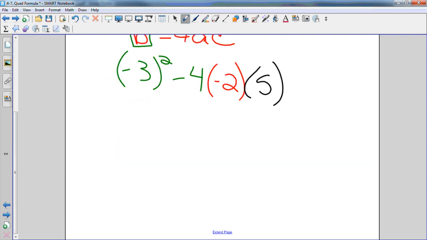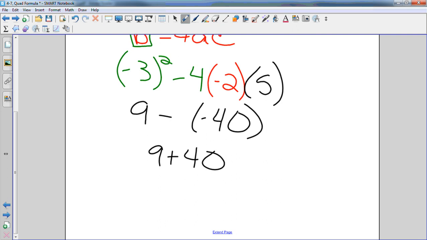So I have 9 minus negative 8 times 5 is negative 40. So I have 9 plus 40. What kind of answers am I going to have if I get a discriminant of 49? That's not my solution. My x-intercepts aren't 49. That just tells me I'm going to get how many solutions? 2, because it's greater than 0. I'm going to get 2 solutions, 2 x-intercepts.